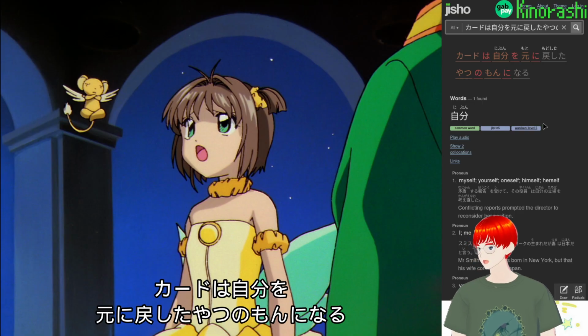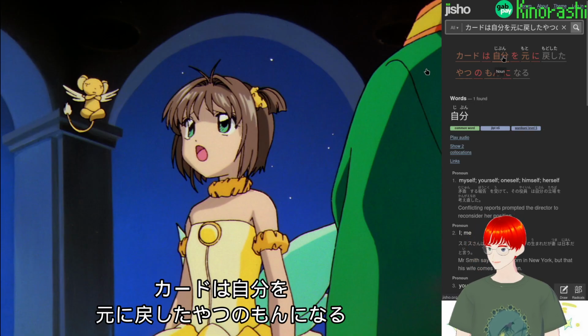Okay, so the verb acts on the wo, but here this wo is jibun, and jibun in this case is basically saying itself. So as for the card, the returning itself to its original form, and then yatsu, person.